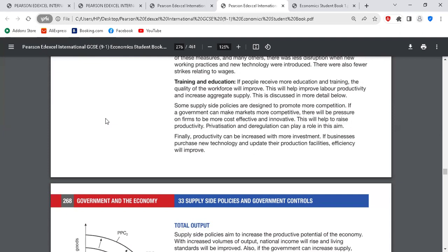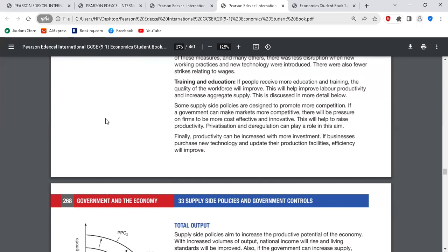Some supply side policies are designed to promote more competition. If a government can make markets more competitive, there will be pressure on firms to be more cost effective and innovative. This will help to raise productivity. Privatization and deregulation can play a role in this. With privatization, more businesses are setting in.